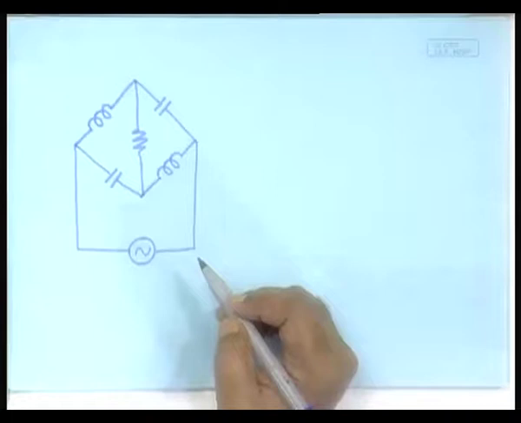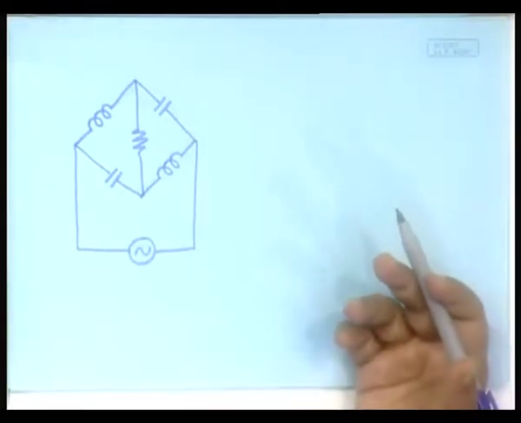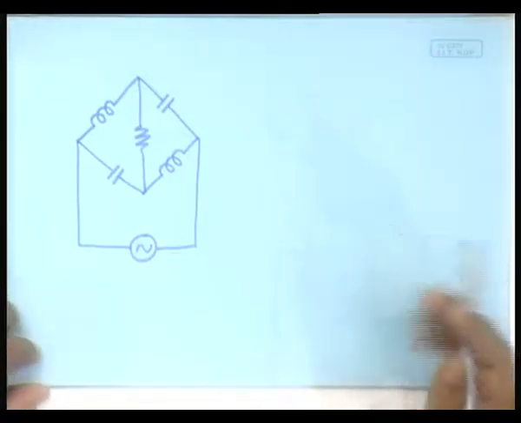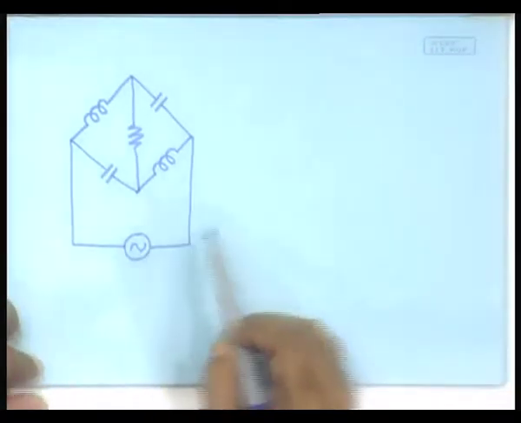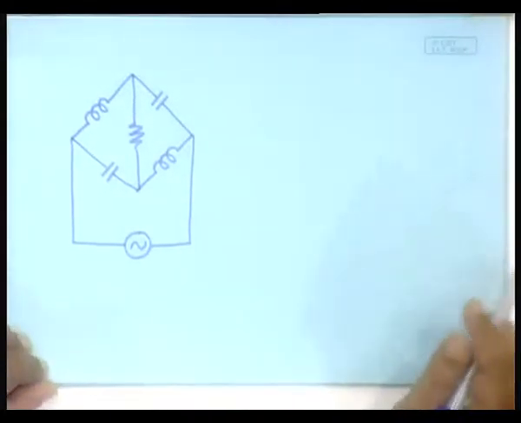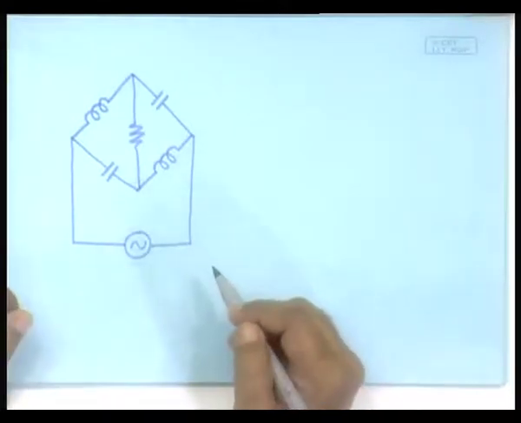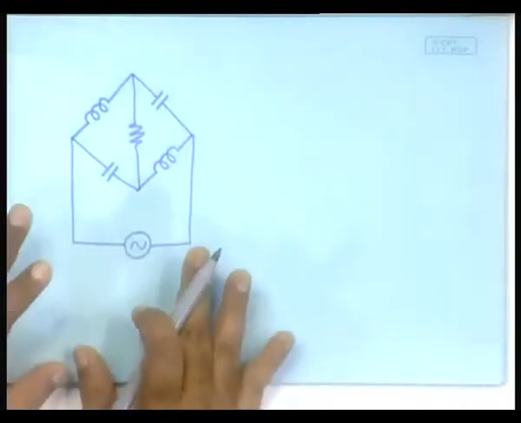Now, in this case, can you see what is connected in series and what is connected in parallel? It is not immediately evident. And if such a thing is part of a larger network of elements, it becomes difficult to figure out how to connect these series and parallels. So, in that case, it will be convenient to go by that procedure.